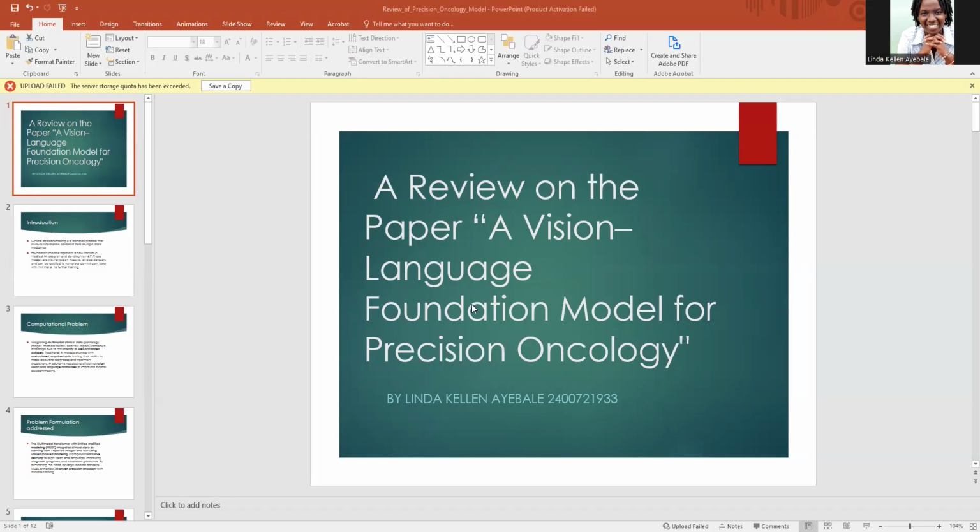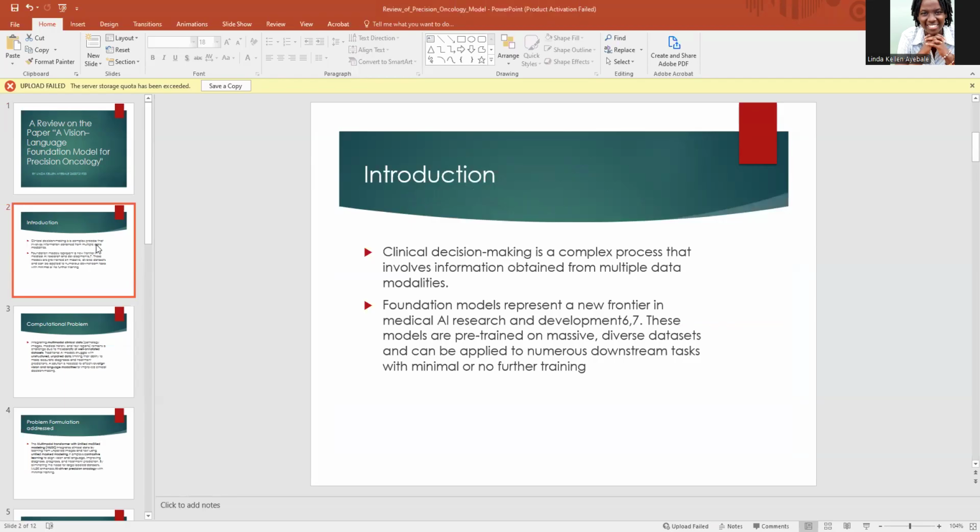First of all, I'm going to give a brief description of what precision oncology is. Precision oncology is a personalized approach to cancer treatment that tailors therapies based on an individual's genetic, molecular, and clinical profile.